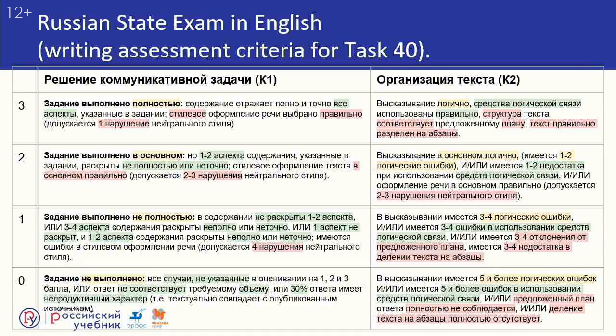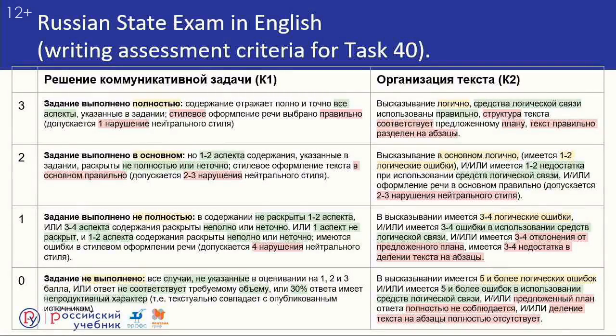If it is generally logical, it means by the developers of this writing assessment scale that 1 or 2 inaccuracies are allowed. At level 1, 3 or 4 inaccuracies are allowed, and at level 0, 5 and more inaccuracies are allowed.